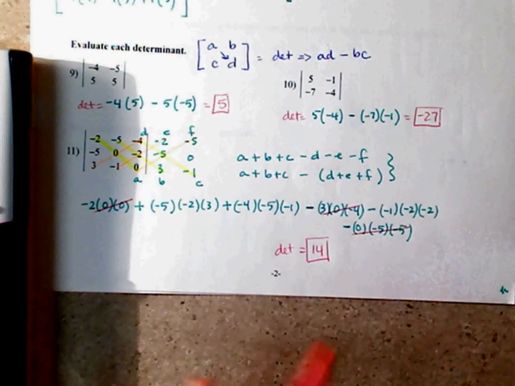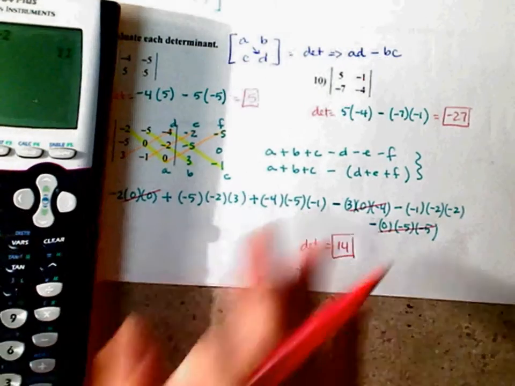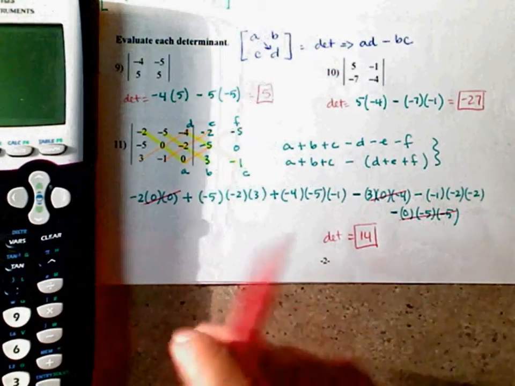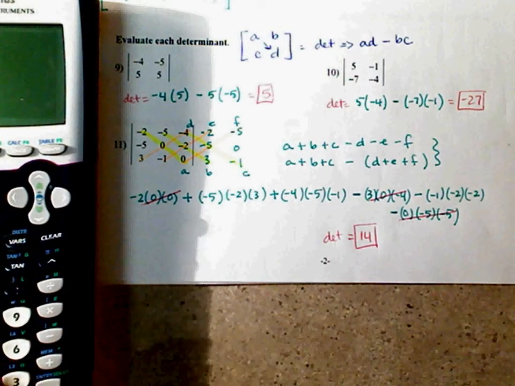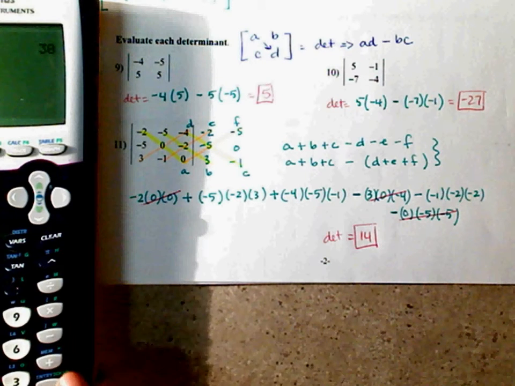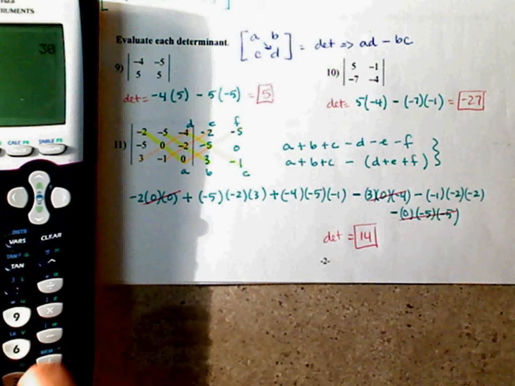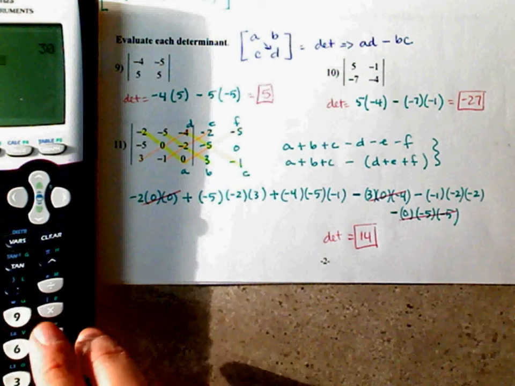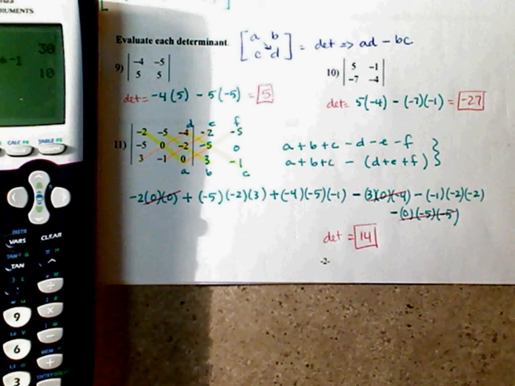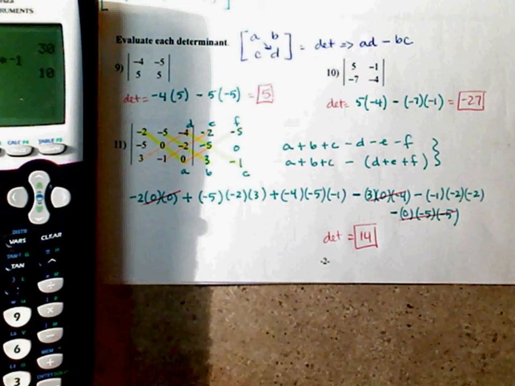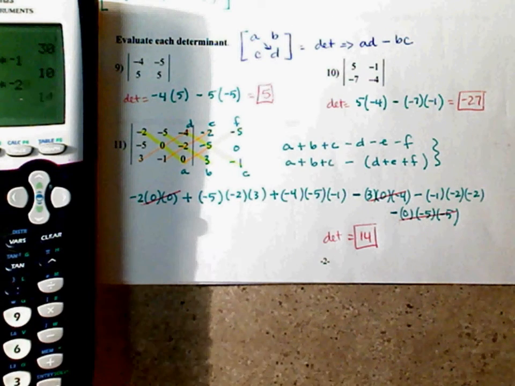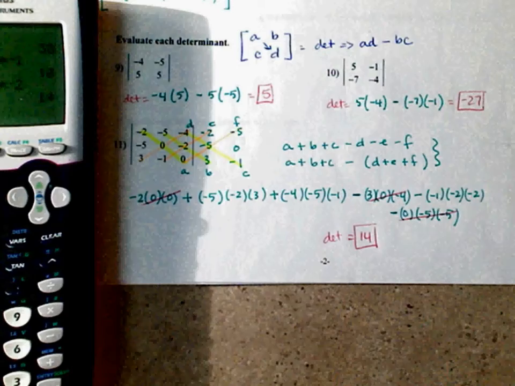I am not liking the numbers I'm seeing. Okay? Negative 5 times negative 2 times 3 equals plus negative 4 times negative 5 times negative 1 equals minus negative 1 times negative 2 times negative 2 equals, it's 14. So that is correct, okay? And so that's how I just did my work.